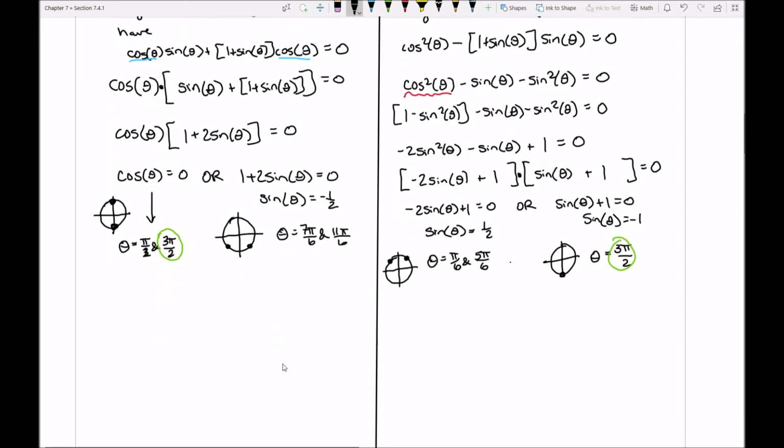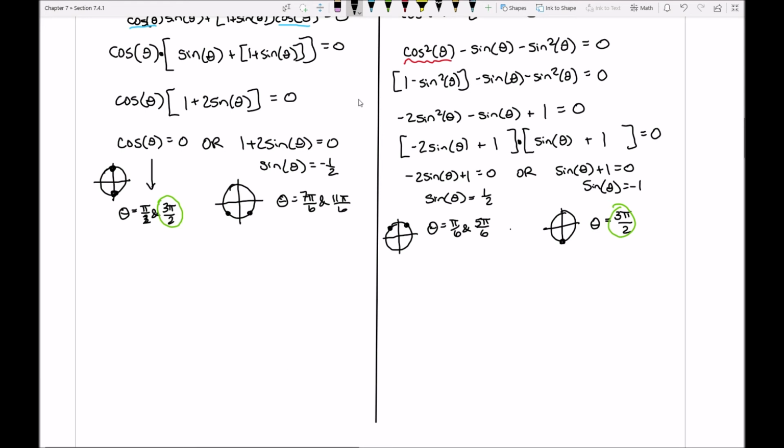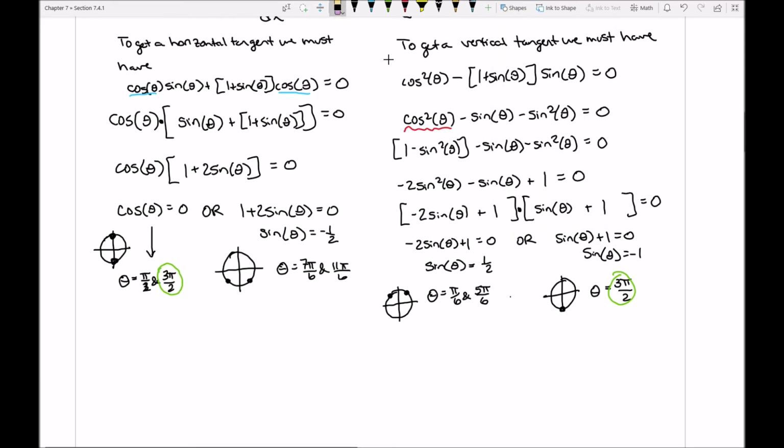Before we go through and finish this up, let me go ahead here and redivide the page. And then I'll go ahead and summarize what we have down below. So on this question, I wanted to find where all of my horizontal tangents were located, but specifically what points they were located at.